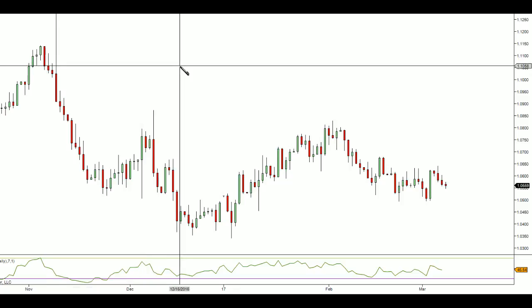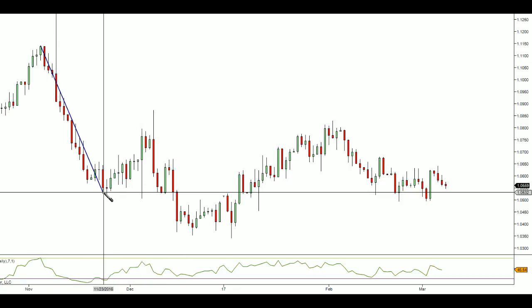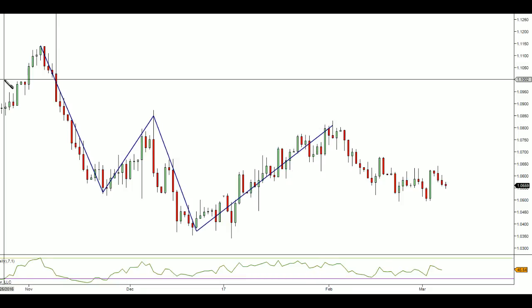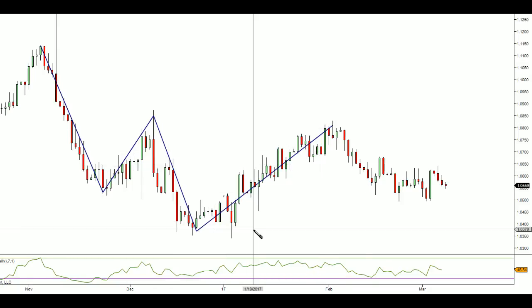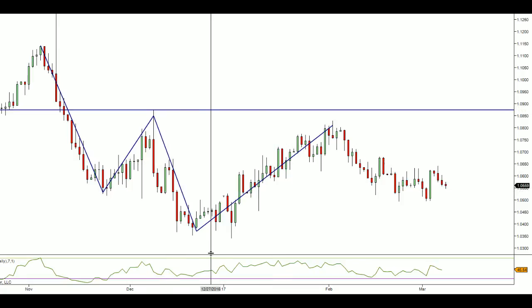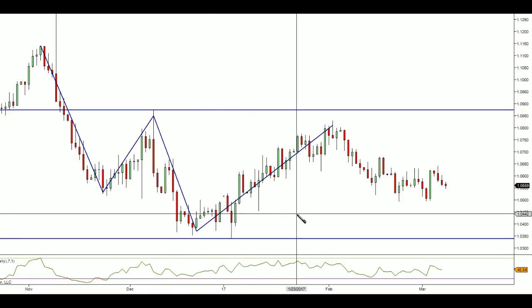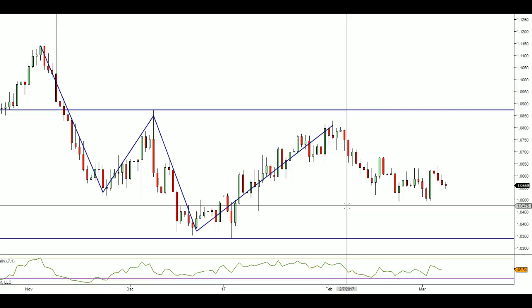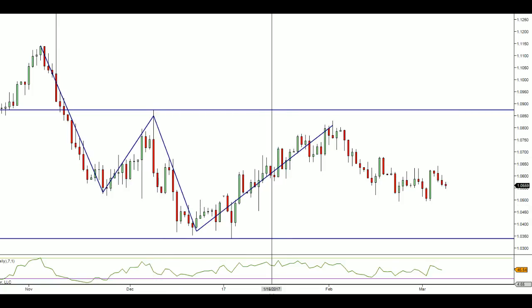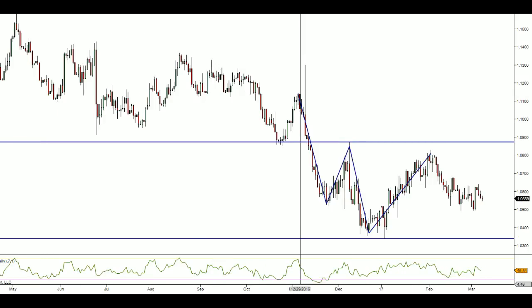And you can see it pretty clearly here. We're putting a move lower, and we haven't violated this level nor these lows down here. So overall bias, the bigger or longer term bias, is going to be short.